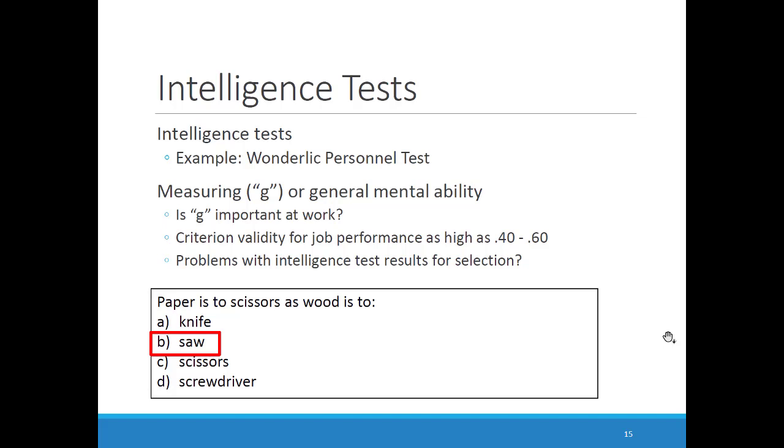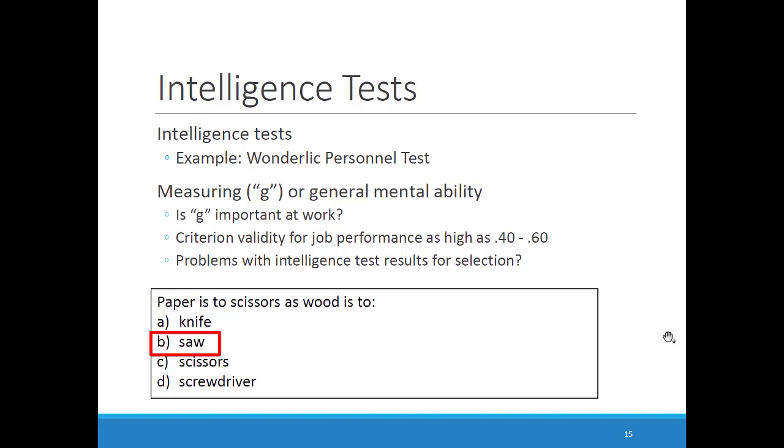Some groups of minority individuals and women will tend to score lower on these tests of G, or general mental ability. There's a lot of conversation and debate as to why that is, and there could be, for instance, cultural loading of items on these intelligence tests that causes that.